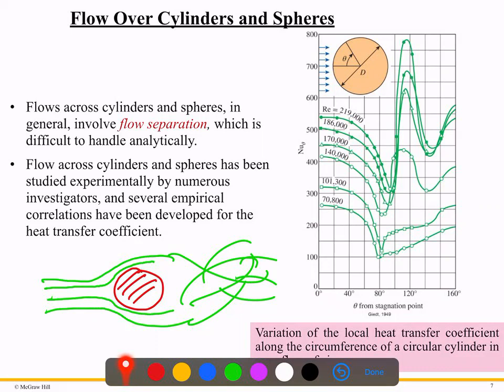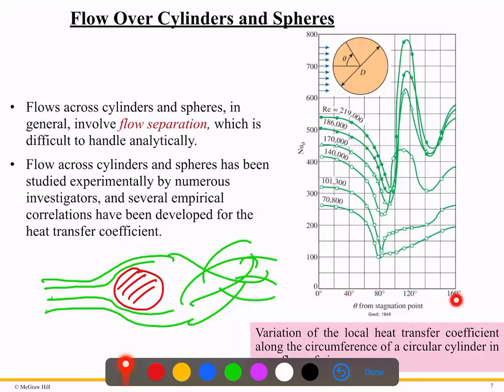So what actually happens is that this complicated flow across a sphere or cylinder influences the heat transfer, depending on the local Nusselt number or the convection heat transfer coefficient. You can see this chart here.